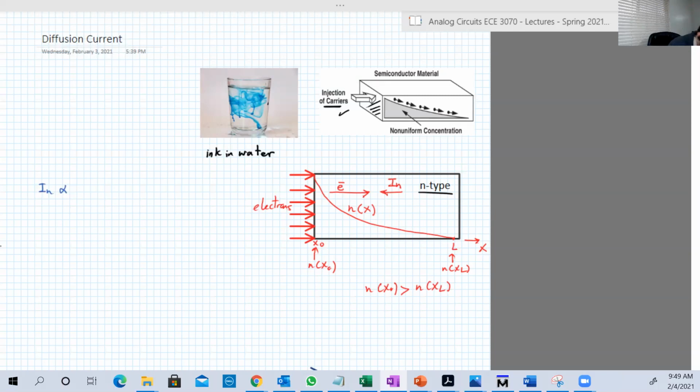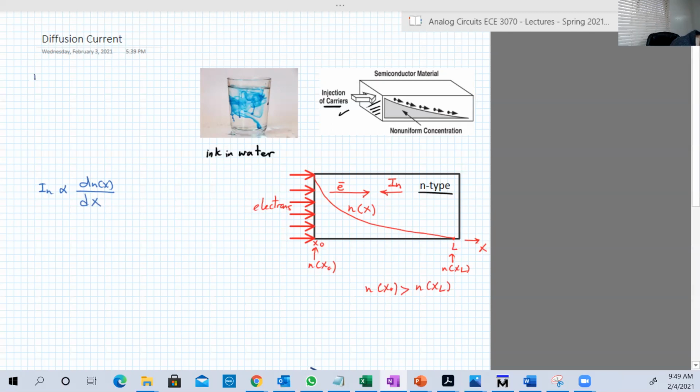Okay, so how to express this mathematically? This is basically the slope of N versus X. So I is proportional to dN of X by dx. How to understand this in an easier way?